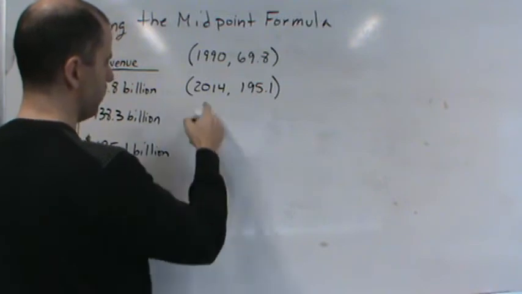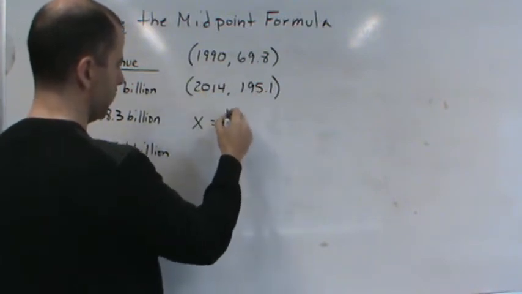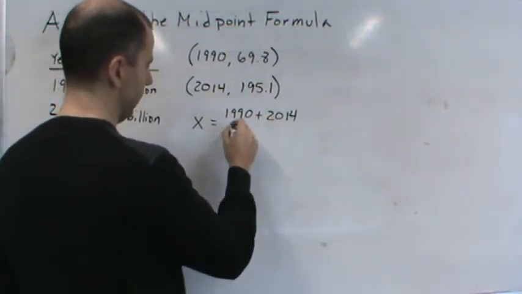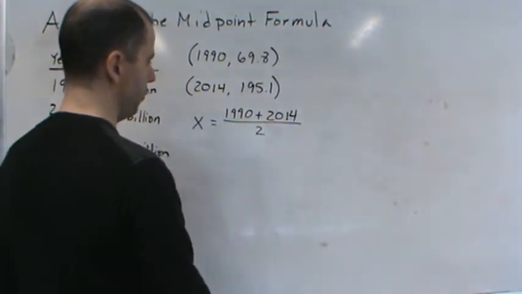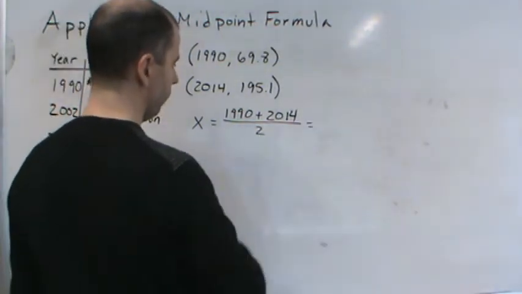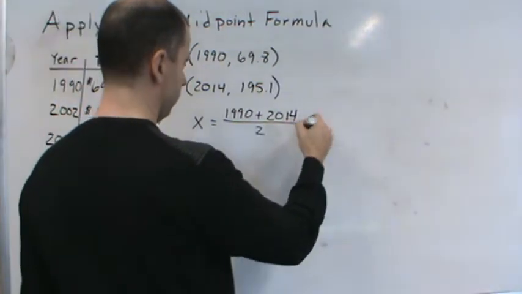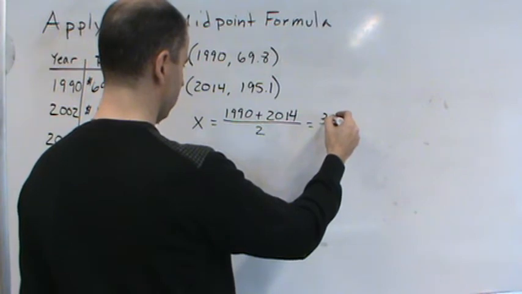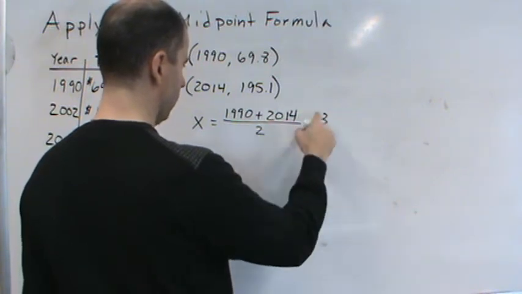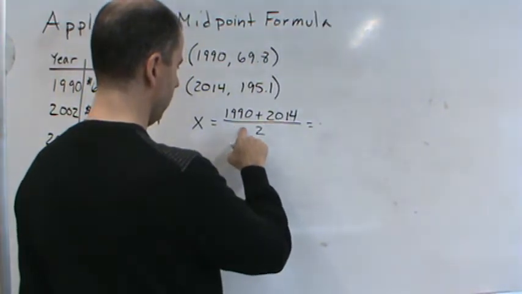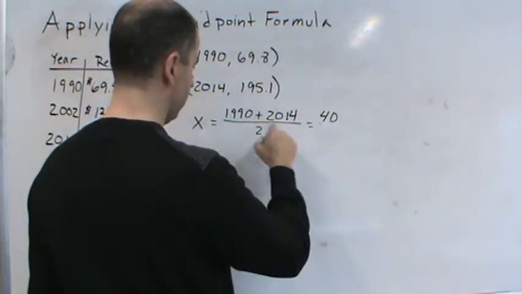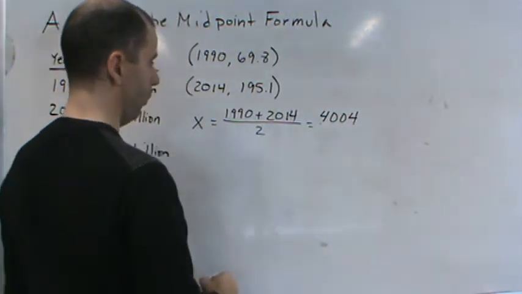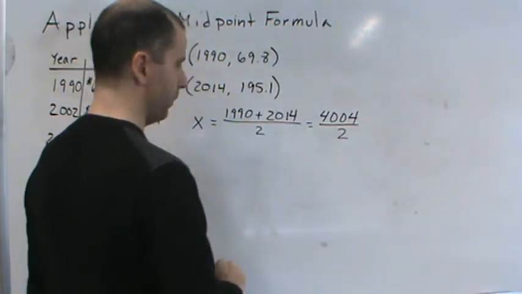For the x values, the years, our x value is going to be this plus this divided by 2. So it's going to be 1990 plus 2014 divided by 2, which is going to give us what? If we add these together, we get 4,004, divided by 2.